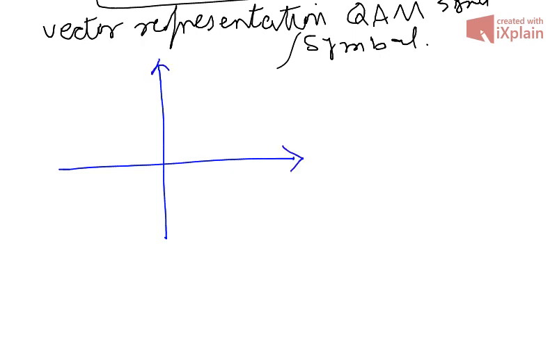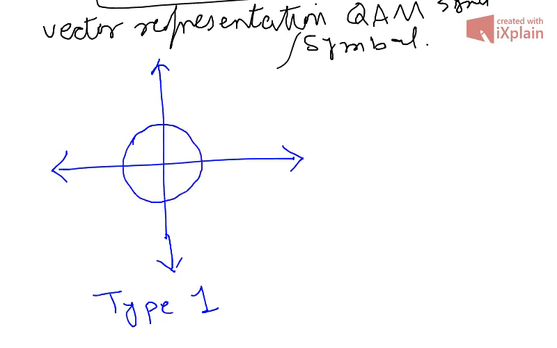Now there are 3 major types of QAM signaling scheme or QAM constellation. The type 1 constellation was used in the 1960s, around 1962.